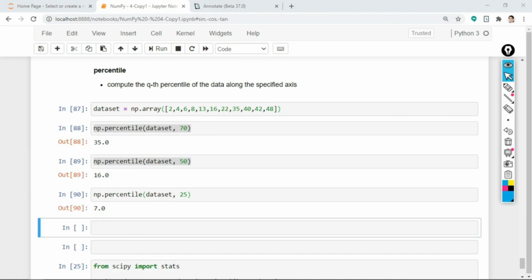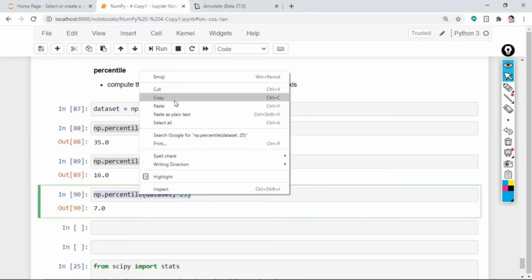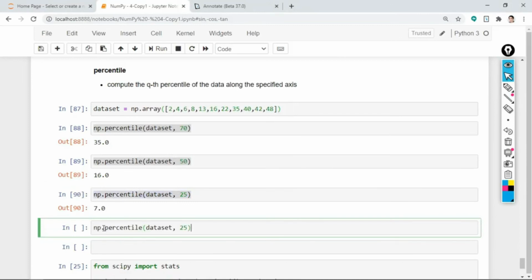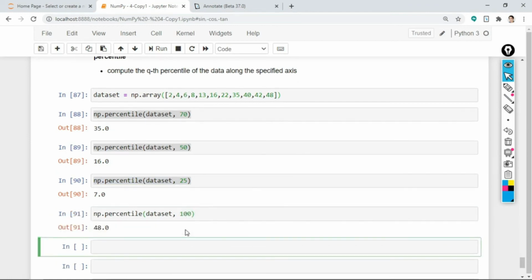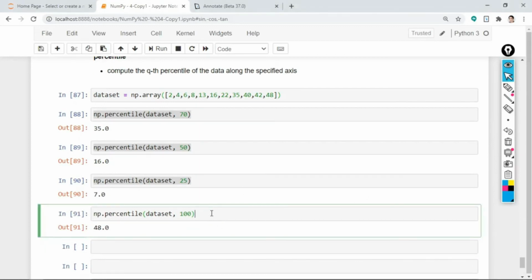Okay, so how about we have percentile 100? For example, copy, paste. So as expected, if you do this one, so this one is 48. But theoretically there is no such thing as a 100 percentile.